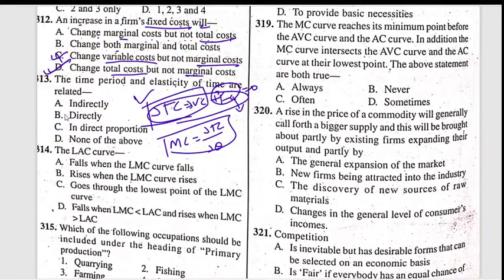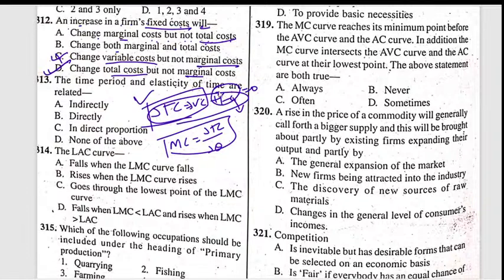Question number 312 is saying that the correct option is B, change in both marginal and total cost. No, because marginal cost is the rate of change of total cost with respect to quantity.